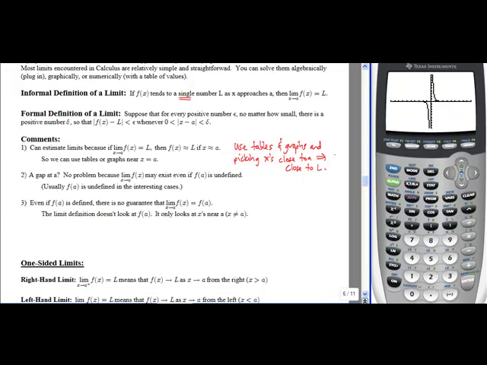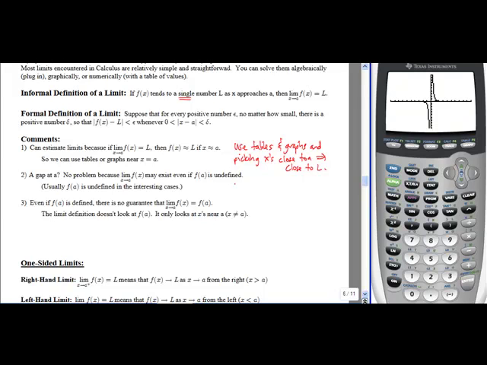Okay? What about if we have a gap or a hole or an asymptote at a? What does that imply about our limit? It means no problem, because remember that the limit as we approach a only cares about what happens near a, not necessarily what happens right at a. So the limit may exist even if the function has a hole or is undefined right at a.